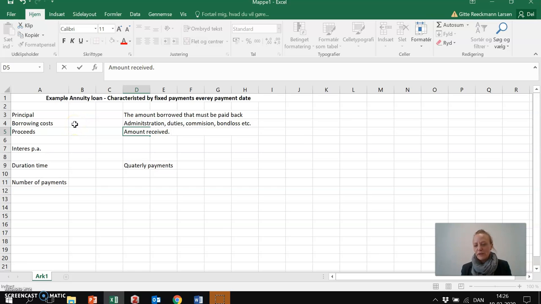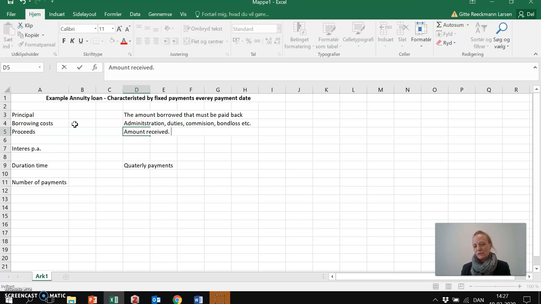I will give you a fixed amount of borrowing cost, but borrowing cost can be different things. It can be administration cost, duties, taxes, commission to the financial institute. It can be if you buy bonds, taking a loan by buying value papers which are actually a loan, and you buy those at a certain index or certain course, which is probably not over 100, it's less than 100.